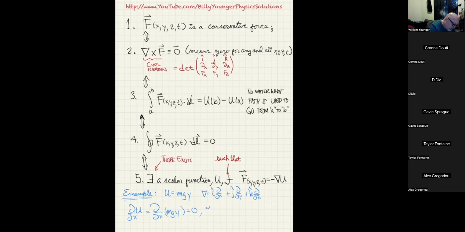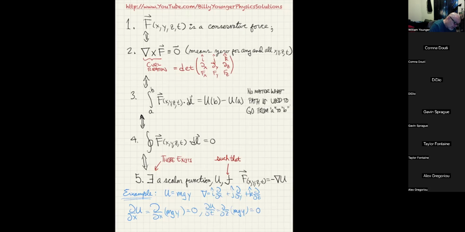How about the partial derivative of U with respect to z, the partial derivative with respect to z of mgy? What do you get for that one? Again, m, g, and y are all constants with regards to a partial derivative. So we're going to get 0.